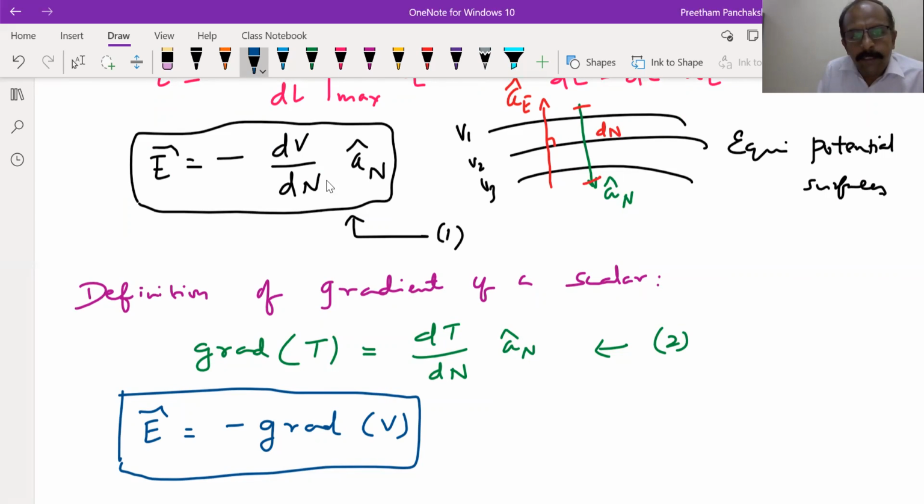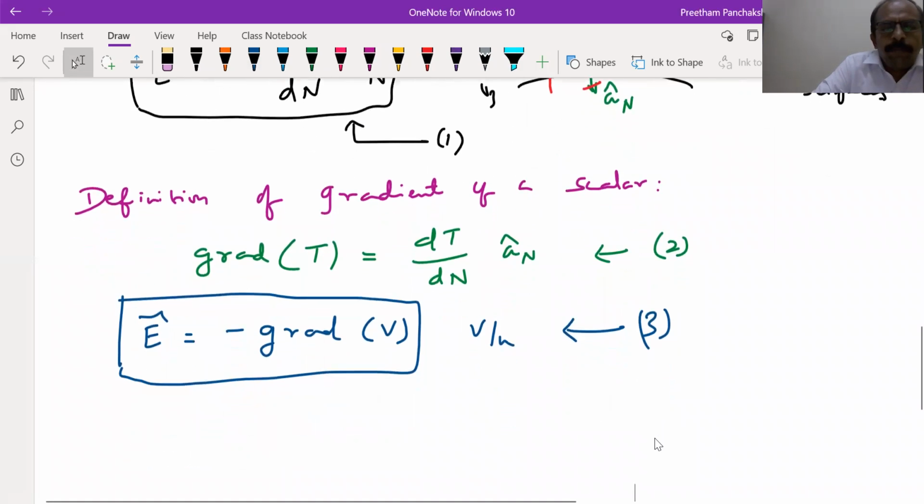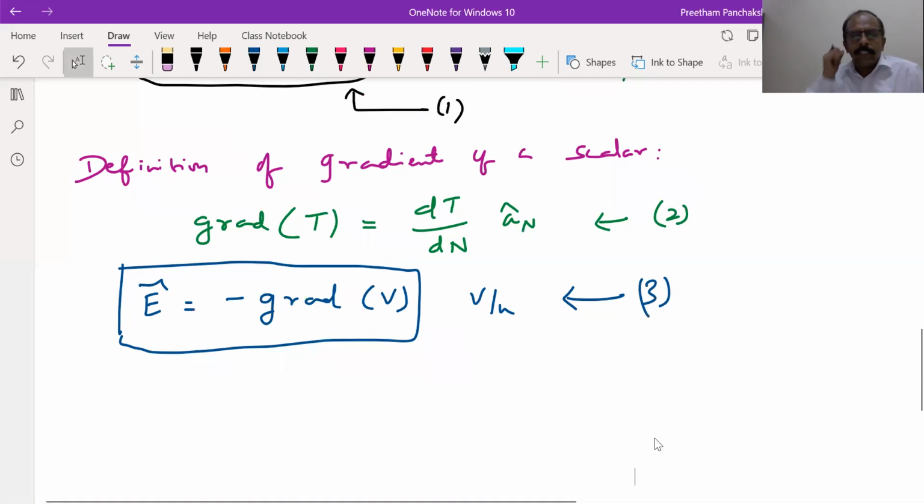So in our case, in place of t, we have electric potential. So the electric field is given by the negative gradient of electric potential. This proves some part of our question. In the next part of this discussion, we shall write the mathematical expression for finding the gradient of potential V.